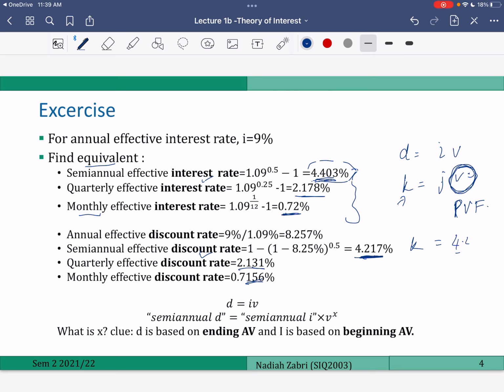So 4.403% times the V. So the V is going to be 1 over 1 plus J, 1 over 1 plus 4.403%. Or the semi-annual present value factor, you can also write it as V to the power of 0.5.